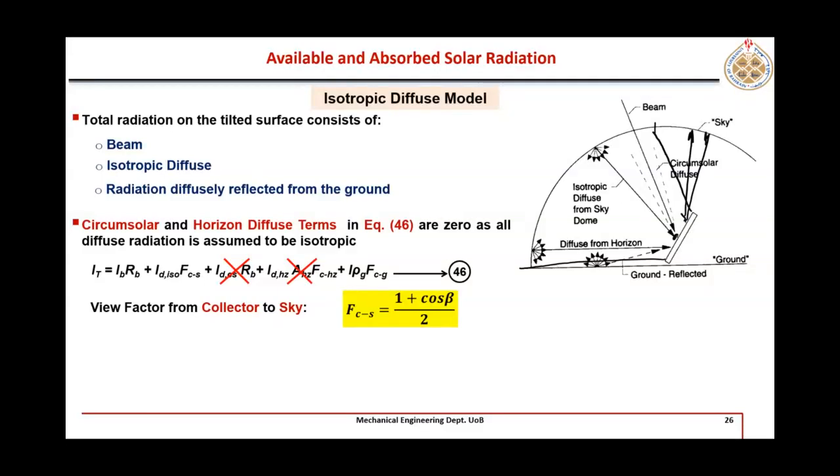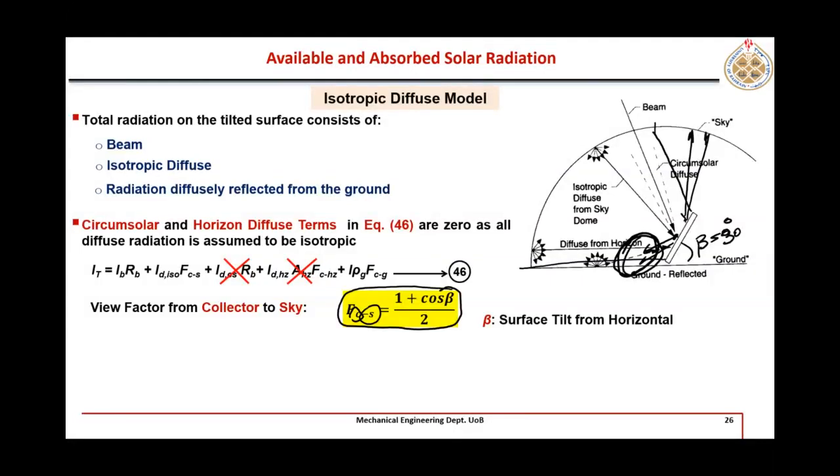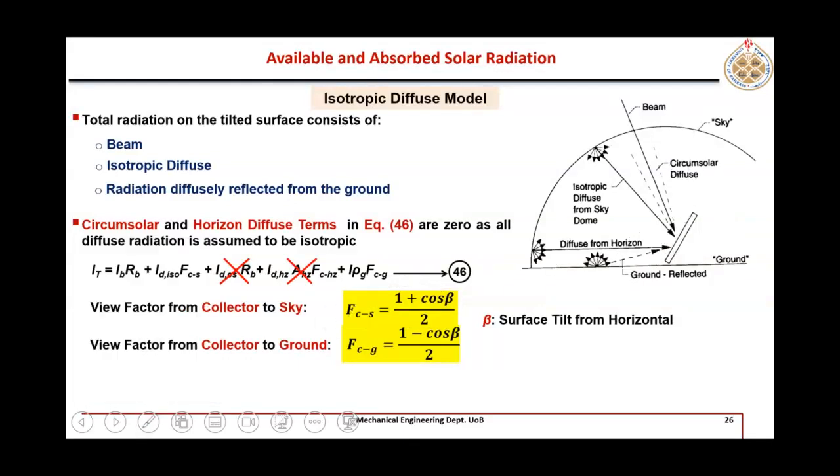So some part of the radiation emitted by the collector will not reach the sky, that is, it hits the ground, when beta is higher than 0, for example 30 or 15. So here is that effect. This is collector to sky. Beta is the surface tilt. For collector to ground, here is the view factor.